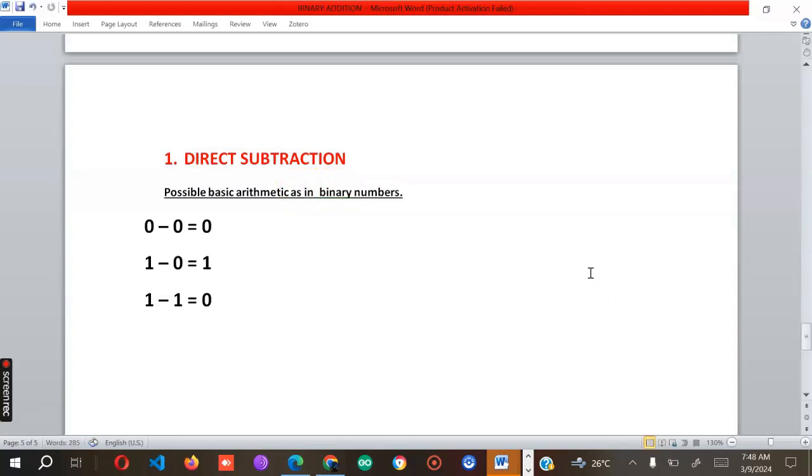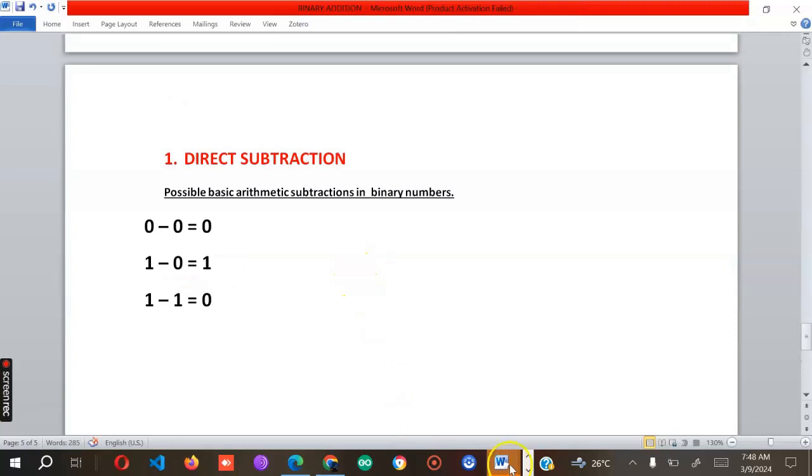So if you look at the first scenario we have for subtraction, we have 0 minus 0 is equal to 0, while 1 minus 0 is equal to 1, and lastly, whenever you subtract the same digits, you always get 0. So 0 minus 0 is equal to 0, 1 minus 1 is equal to 0. But when we have 1 minus 0, it is equal to 1.